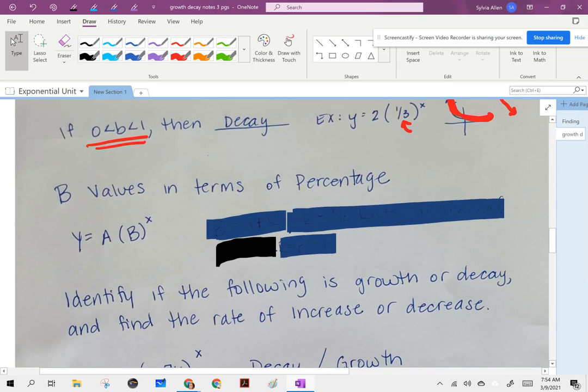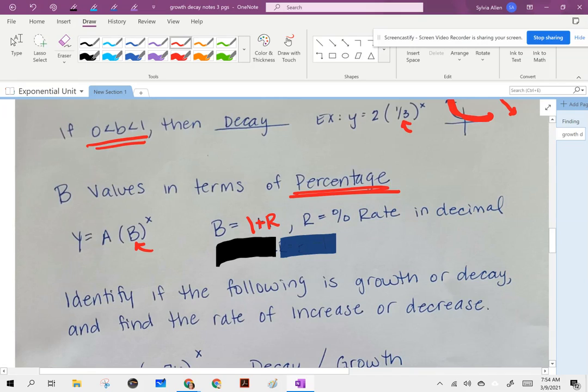Okay, so let's take a look at B values in terms of percentage. All right, so the B value is going to be calculated a couple of ways. It's going to be 1 plus the percentage rate. Now, sometimes that rate is a positive or a negative.